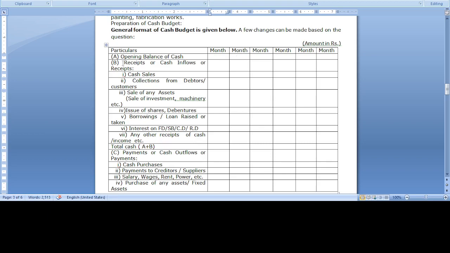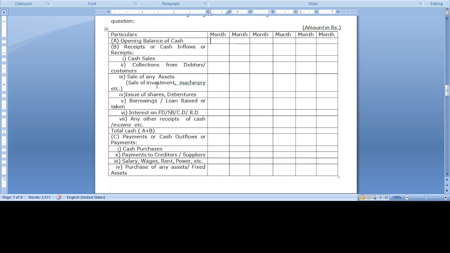And B here is denoted for receipts or cash inflows. It may be in the form of cash sales or collection from debtors or collection from customers. Sale of any asset, maybe sale of investment, sale of machinery, etc. You may get money when you issue shares, when you issue debentures.